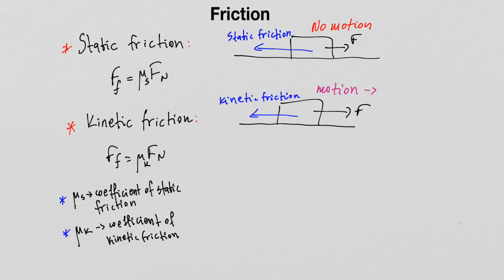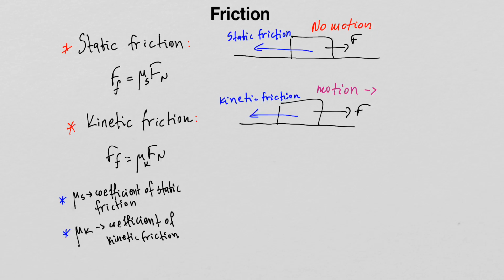Finally, I want to introduce an actual working formula that can be used to calculate the force of friction. And why do I need to do that if I already defined force of friction as the product of a coefficient of friction and the normal force? Well, because typically the normal force is not known, but what we would know about an object is either its mass or its weight.